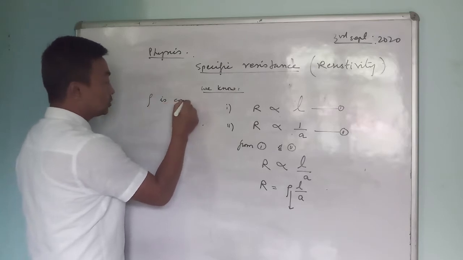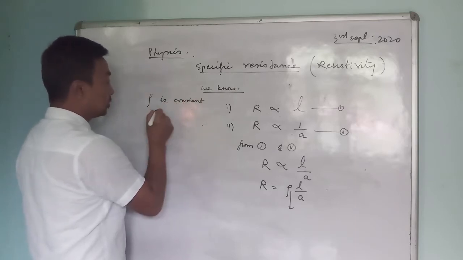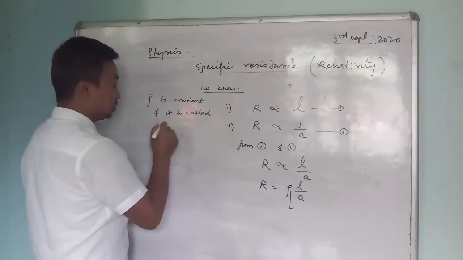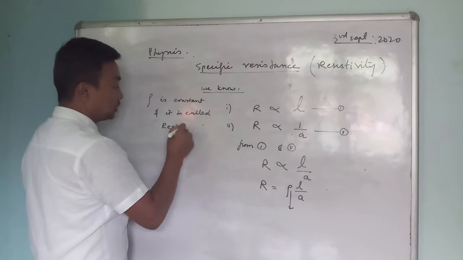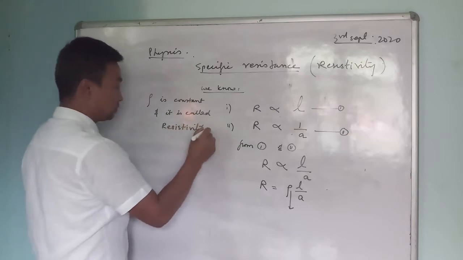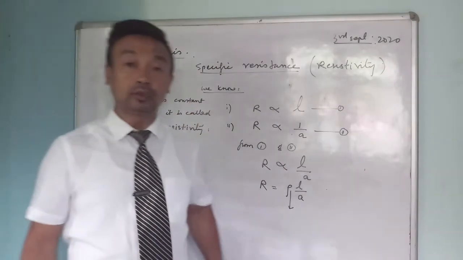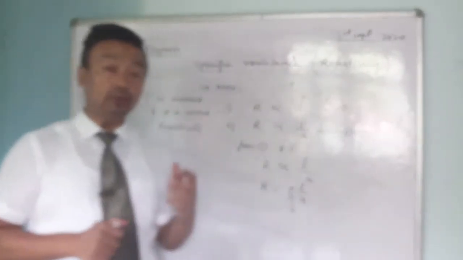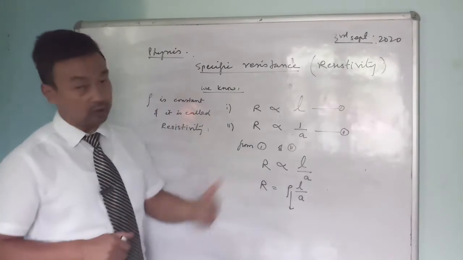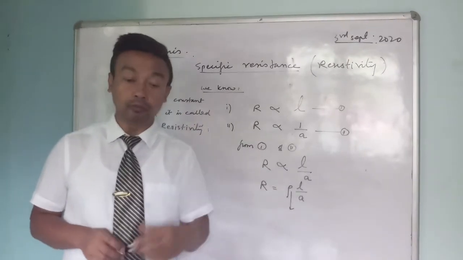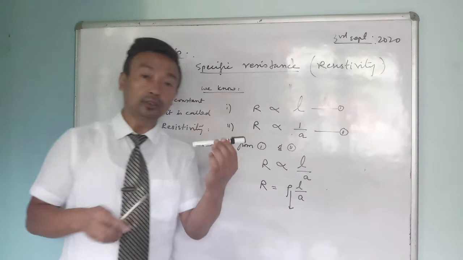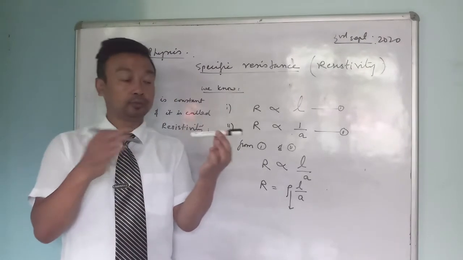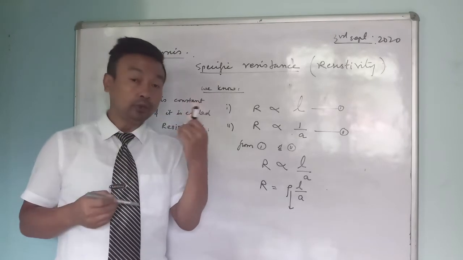Rho is a constant and it is called resistivity, or it is also called the specific resistance. The value of the resistivity or the specific resistance will be different for different materials. Suppose I take two different wires made of different materials, their values will be different.